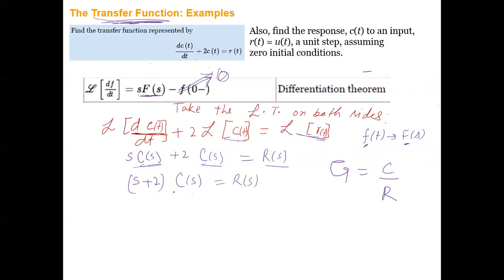Then divide both sides by R, because my goal is to find C over R. Divide both sides by R, then divide both sides by s plus 2 also. Then R and R cancel out, this cancels out, and you get C(s) over R(s) equals 1 over s plus 2.